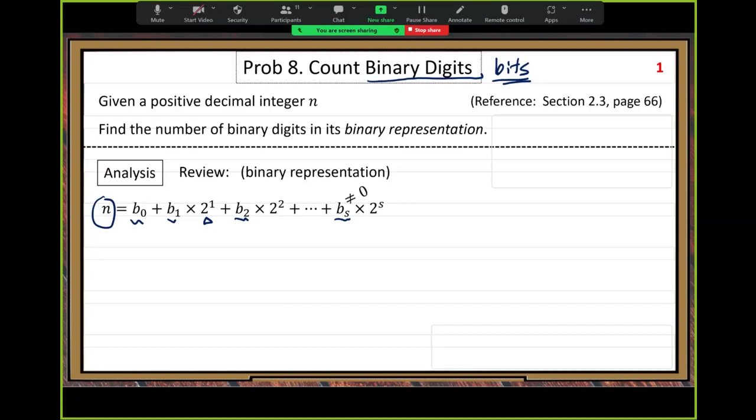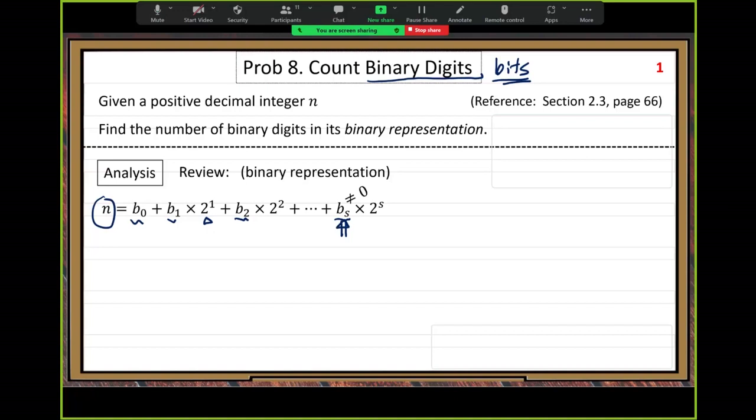And the most significant bit should be non-zero. Otherwise, if it's 0, then we can reduce the size, so we can simplify it. So we look at the next bit.